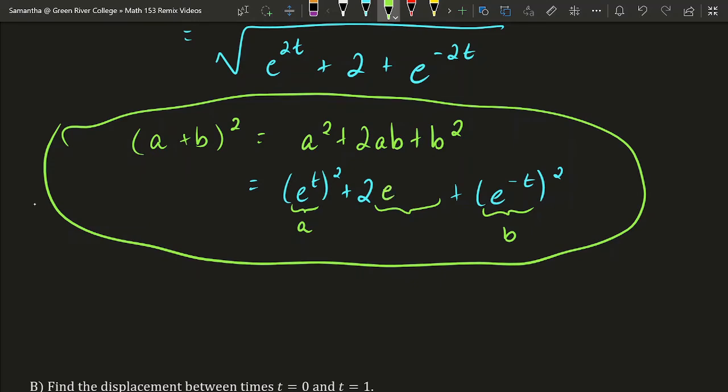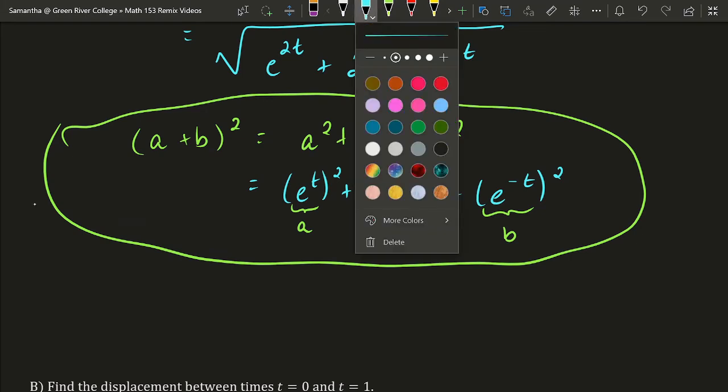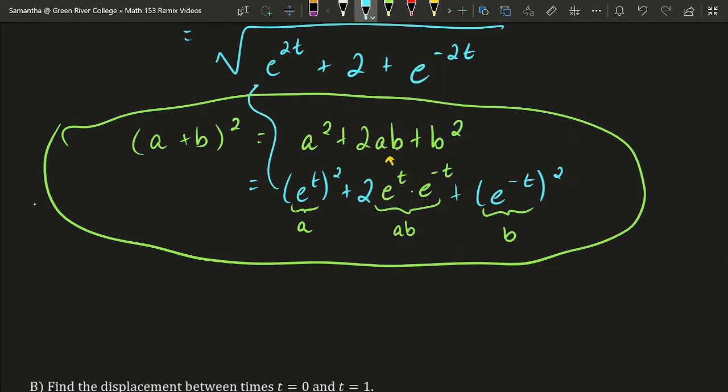If I put an ab in there to match the format in this algebra formula, I find that e to the t times e to the minus t, these two multiplied together, would just be equal to 1. And therefore, this expression here in this bottom side is truly equal to what I have in my expression.